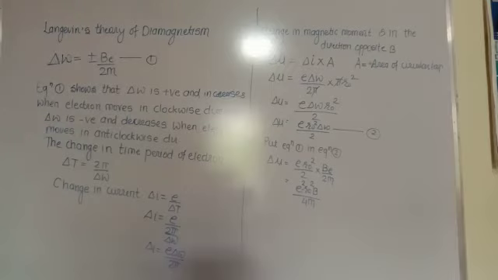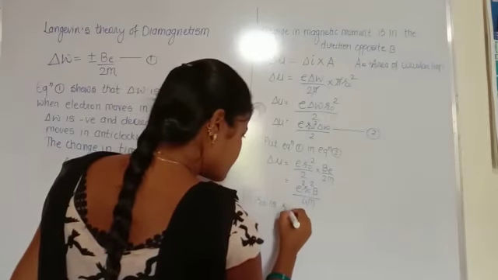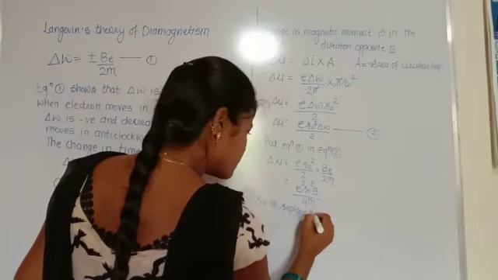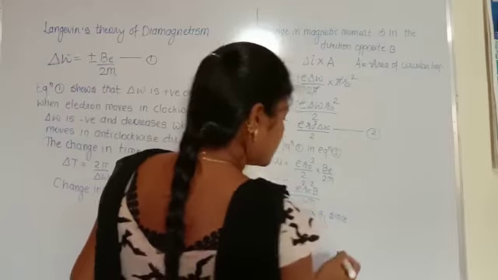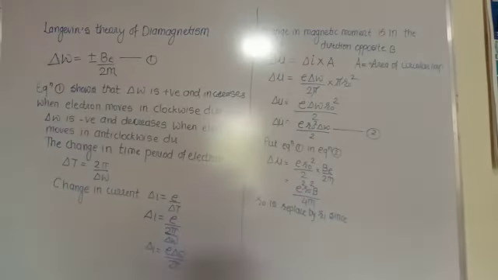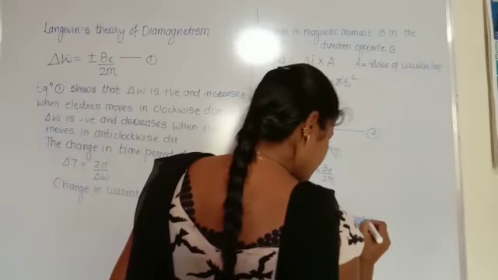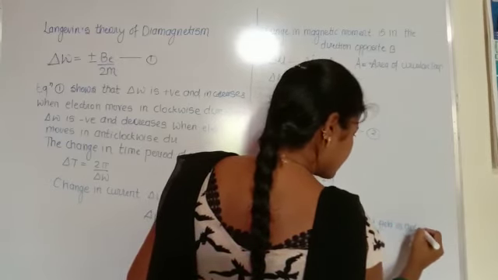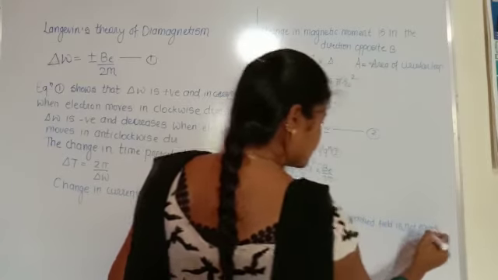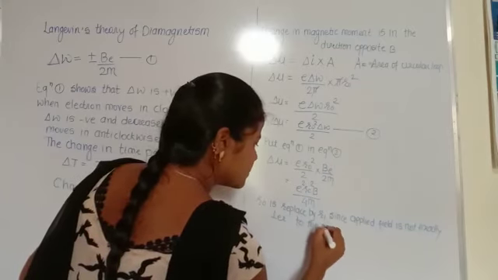the applied field is not exactly perpendicular to all the electronic orbits. So this r0 is replaced by r1, since the applied field is not exactly perpendicular to the electron orbit.